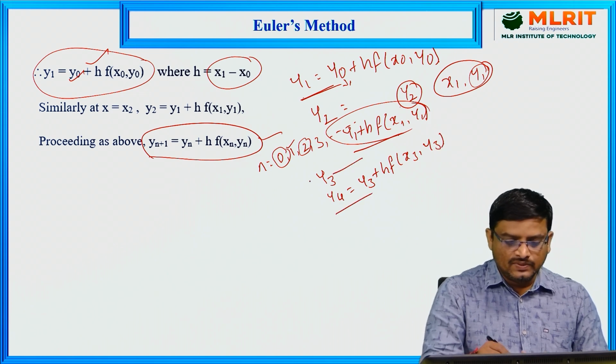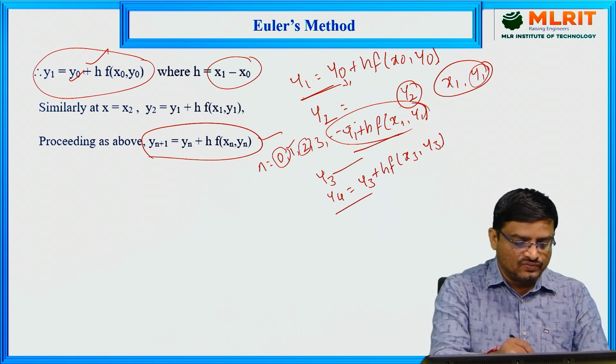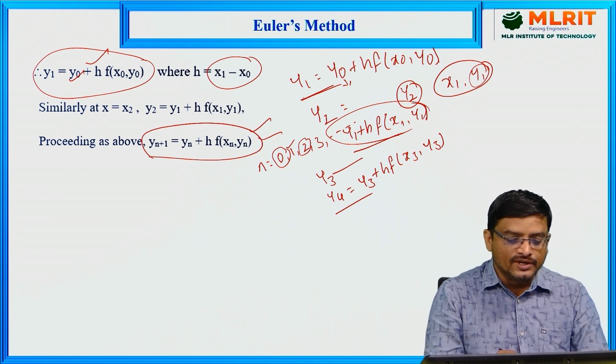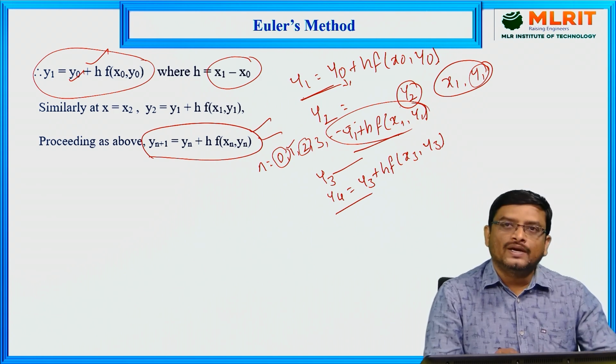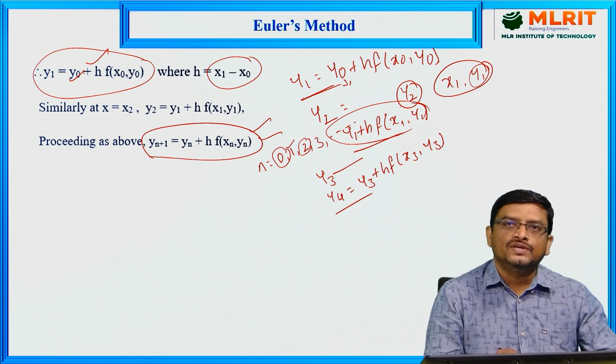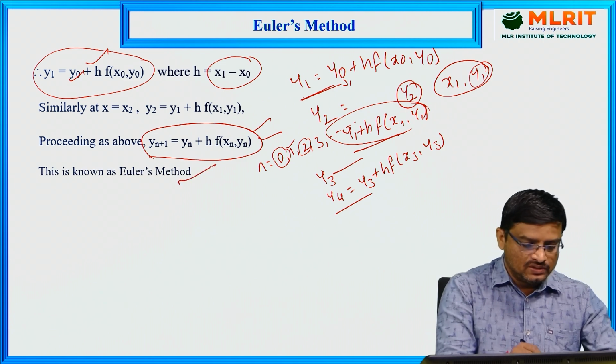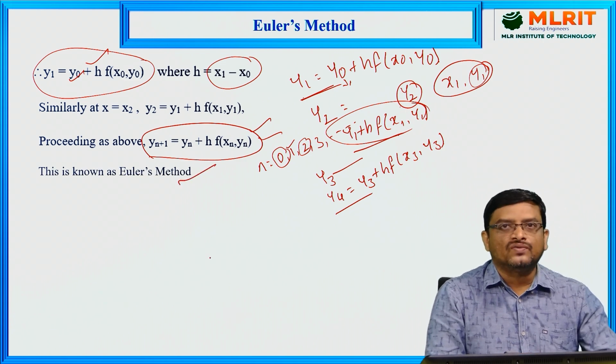So like this, we can use the standard formula to find the solution for the given differential equation using Euler's method. Whatever numerical solution we get by using Euler's method is not an accurate value. So we can call this Euler's formula.